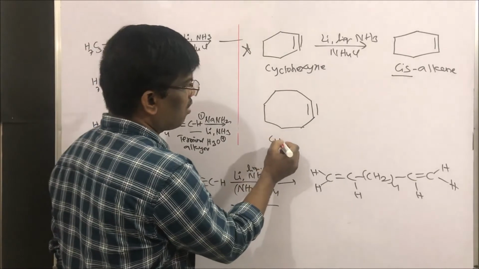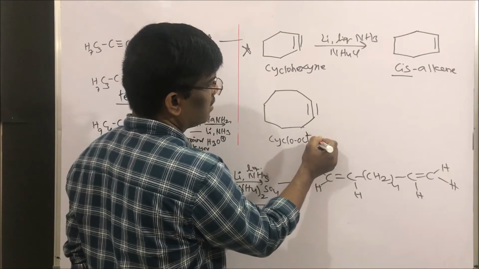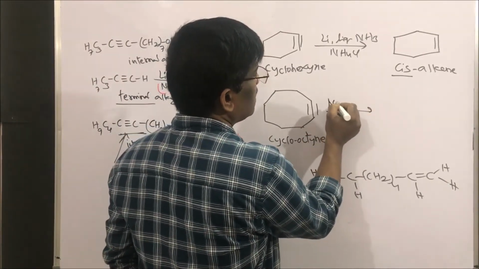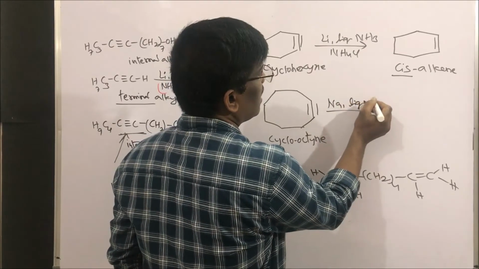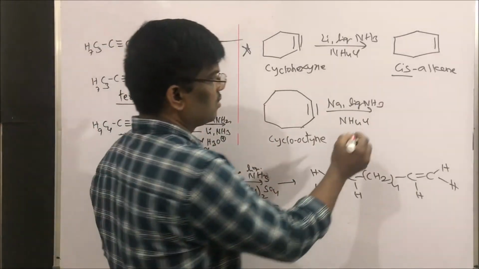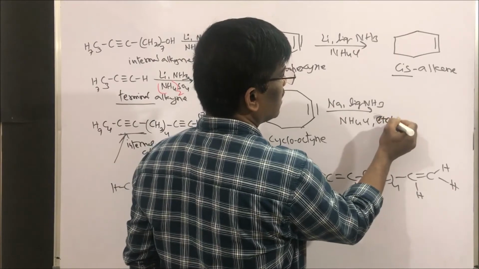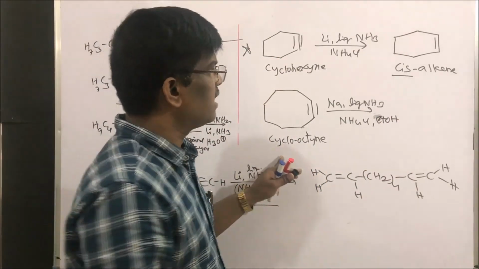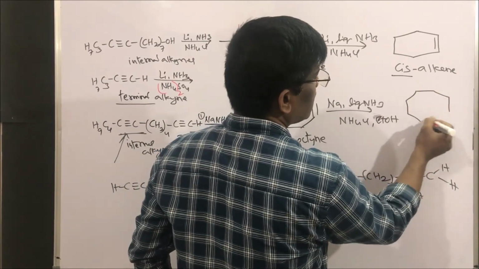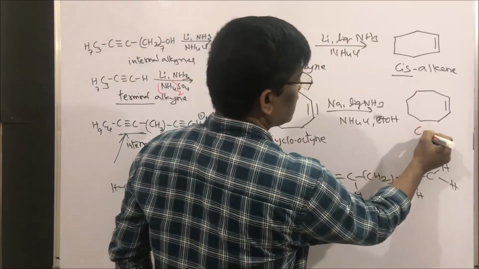So cyclooctane, under these reaction conditions, is also going to give, let us write ammonium, ethanol also, right? So in these reaction conditions, I am going to get the cis alkene. Usually it should be trans, but the exception is the cis alkene.